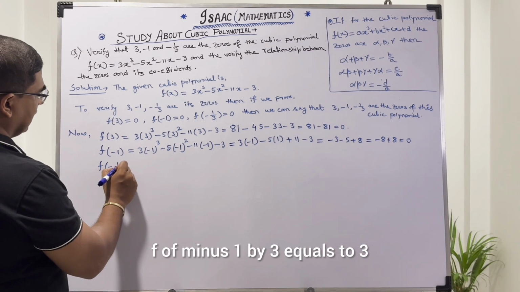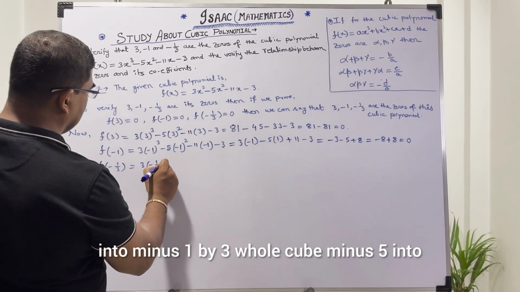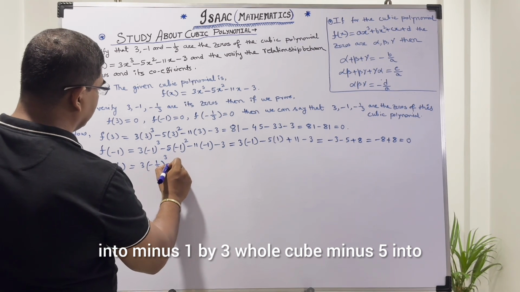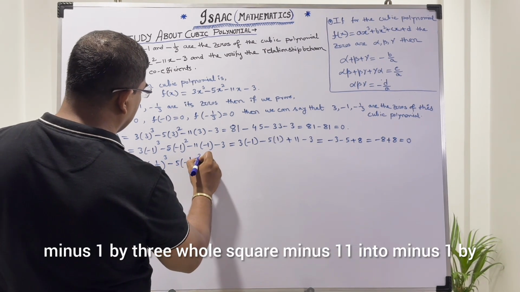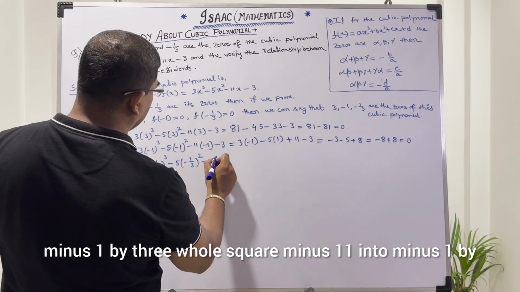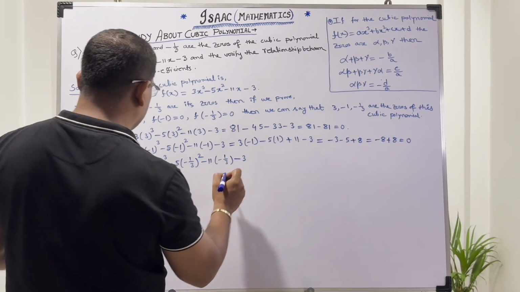f of minus 1 by 3 equals 3 into minus 1 by 3 whole cube minus 5 into minus 1 by 3 whole square minus 11 into minus 1 by 3 minus 3.